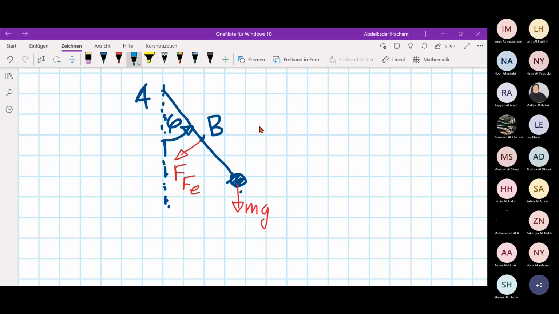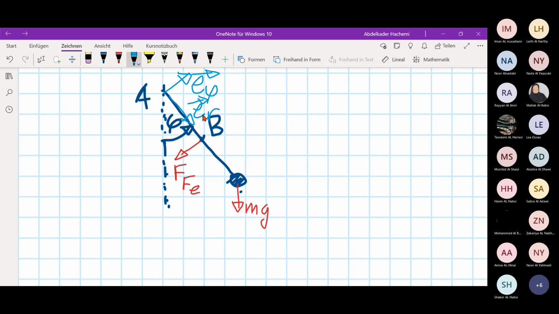Here we have e_phi, the circumferential unit vector, and here the radial e_R, which is the radial unit vector.